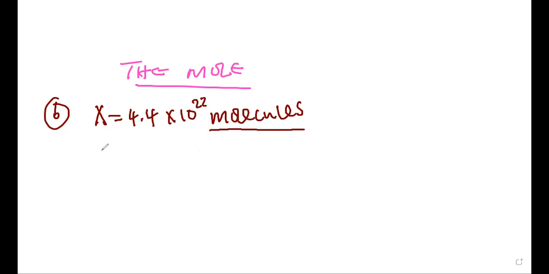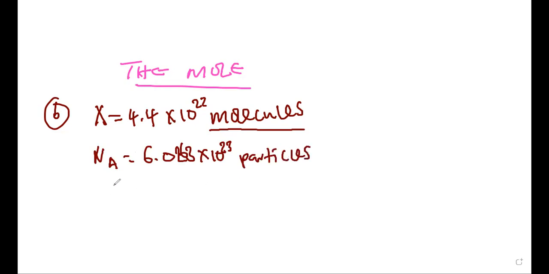So here we are going to say Avogadro's constant is equal to 6.023 times 10 to the power 23 particles. Then we are looking for the number of moles. So the next thing here is to remember the formula.